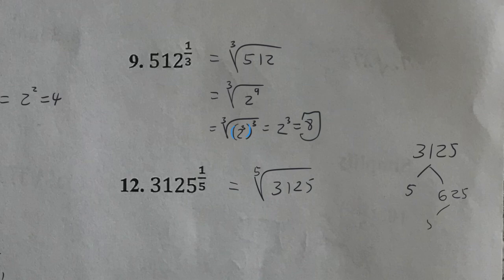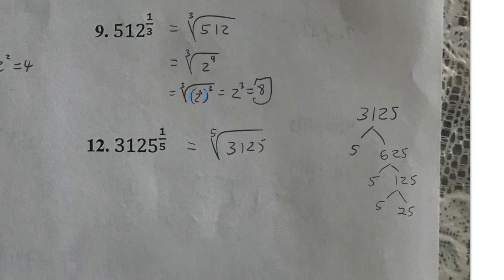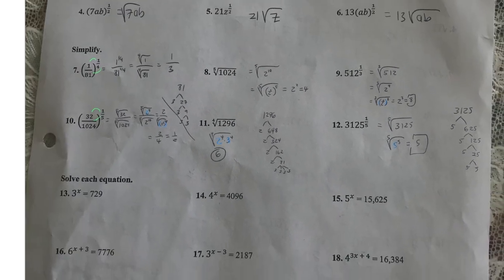Okay, so that's divisible by 5. I believe 125, and that's divisible by 5. 5 times 25, and then, of course, 25 is 5 times 5. So 3125 is 1, 2, 3, 4, 5, so that's 5 to the 5th power. And it turns out that this blue 5 gets out of jail. So therefore, 5 is there.